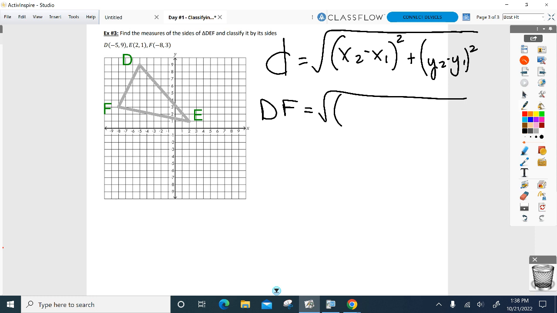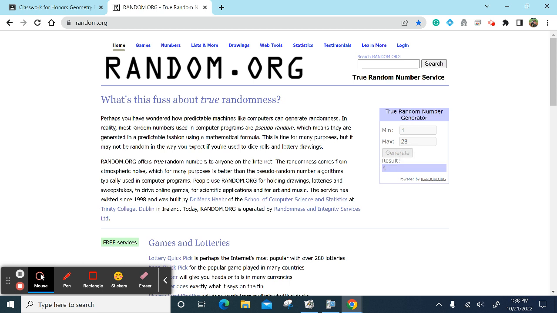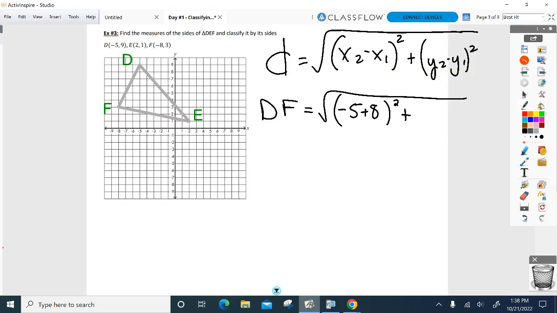What's the x coordinate of D? Okay, so -5 minus the x coordinate of F. Minus -8. Anybody going to flip out if I put +8 here? Is that all right? We're good? Minus a -8 squared plus, how about the y coordinates? 11, 3. Yeah, and 9. Yeah, we are going to go that. Good. Squared.